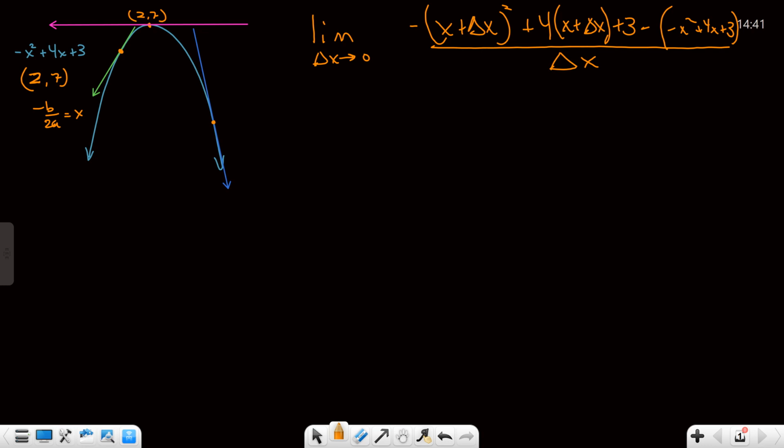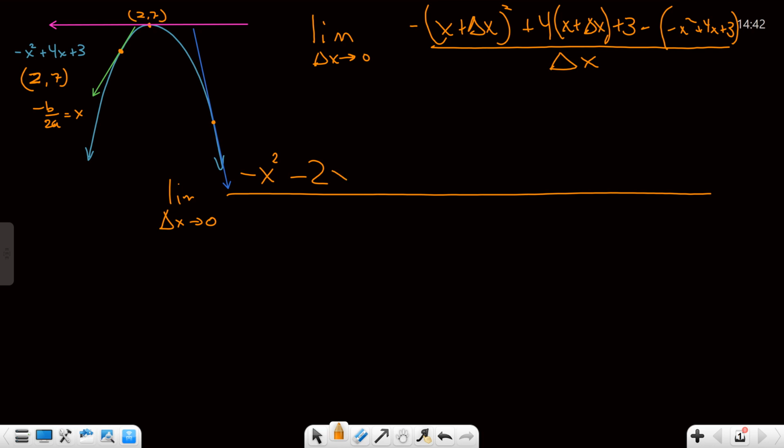And remember, f of x plus delta x is you go to the function, wherever you see an x, you put in an x plus delta x. These parentheses are very important. Okay, now the fun begins. Limit as delta x approaches 0 of negative x squared minus 2x delta x minus delta x squared.